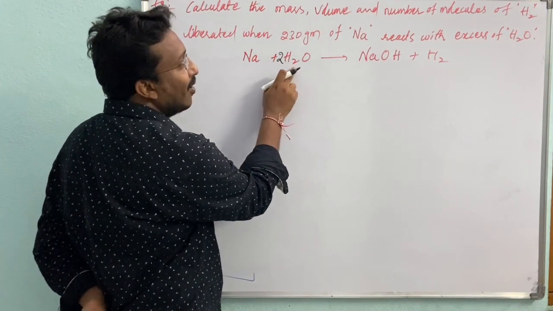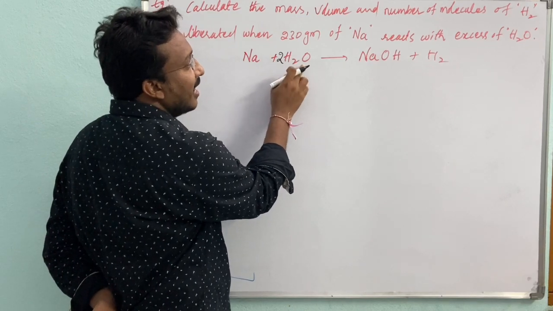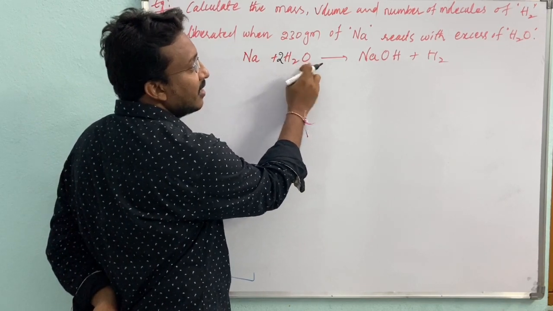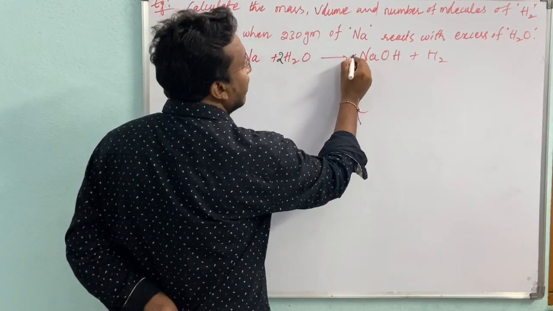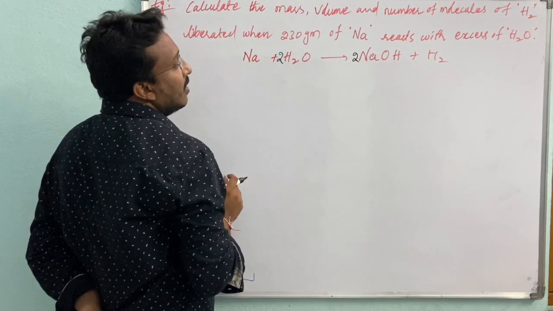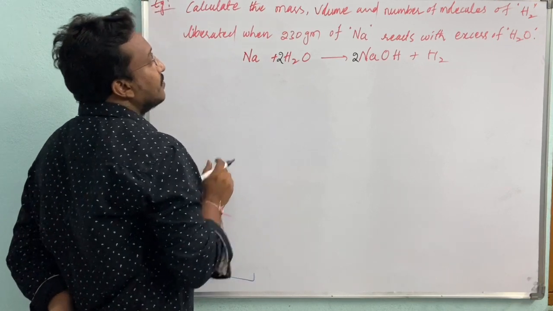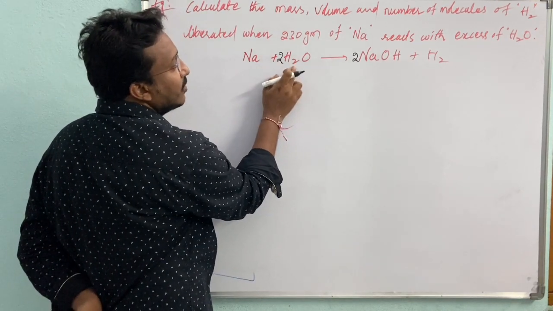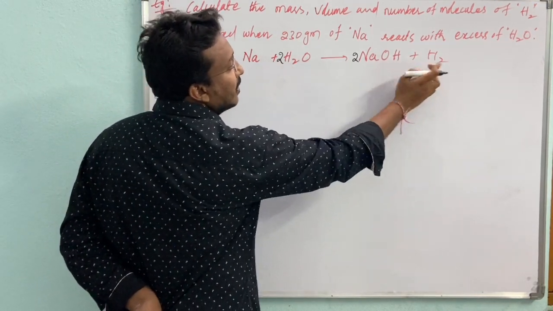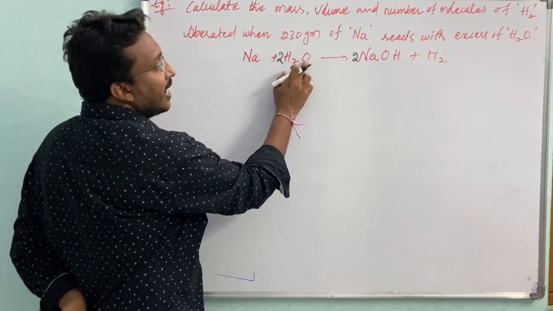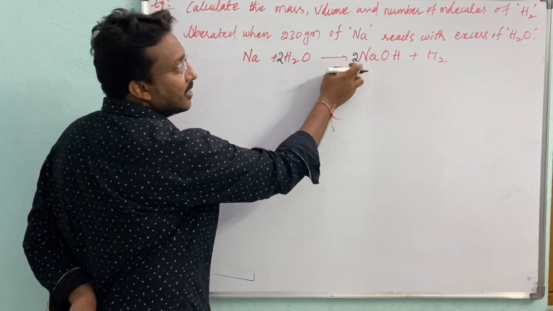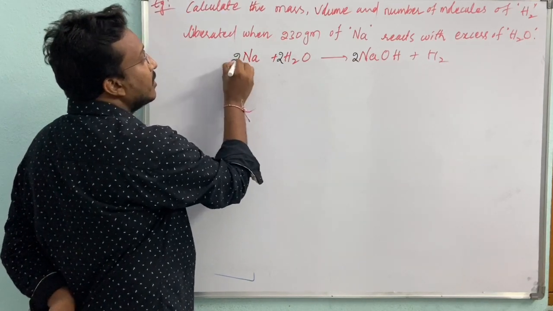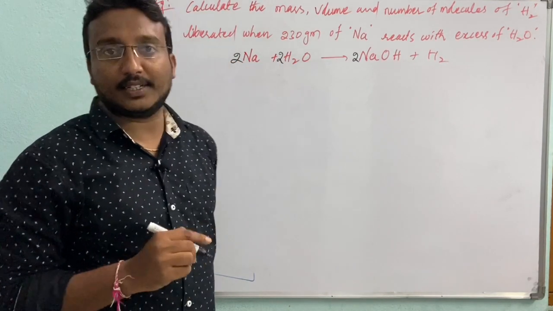Now again 4 hydrogen atoms and 2 oxygen atoms, but here we get only 1 oxygen atom, no? Then here I will write again 2. Now it says 4 hydrogen atoms, so 2 plus 2, 4 hydrogens, and 2 oxygens, but sodium is 2, so here we have to write 2. Now it is balanced. Got it?